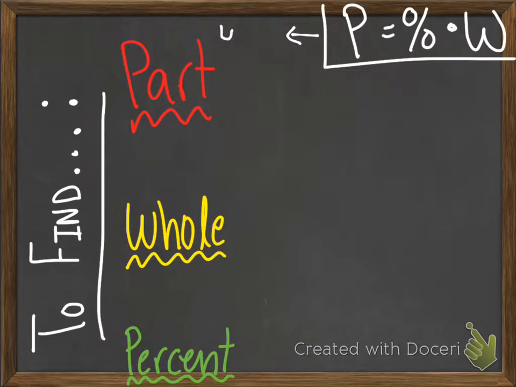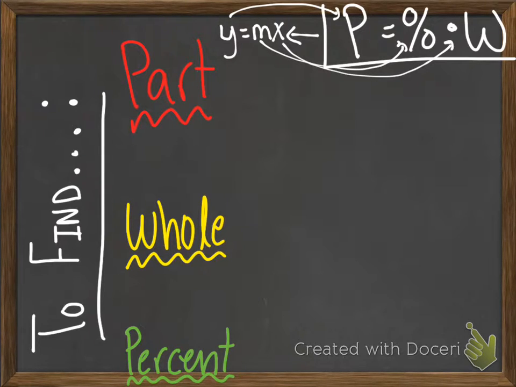You'll see a lot more commonly y equals mx, the equation we used in topic 2. So y would be my p, m would be my percent, and x would be my whole. Just keep that in the back of your mind in case you don't see p's and w's, but y's, m's, and x's.